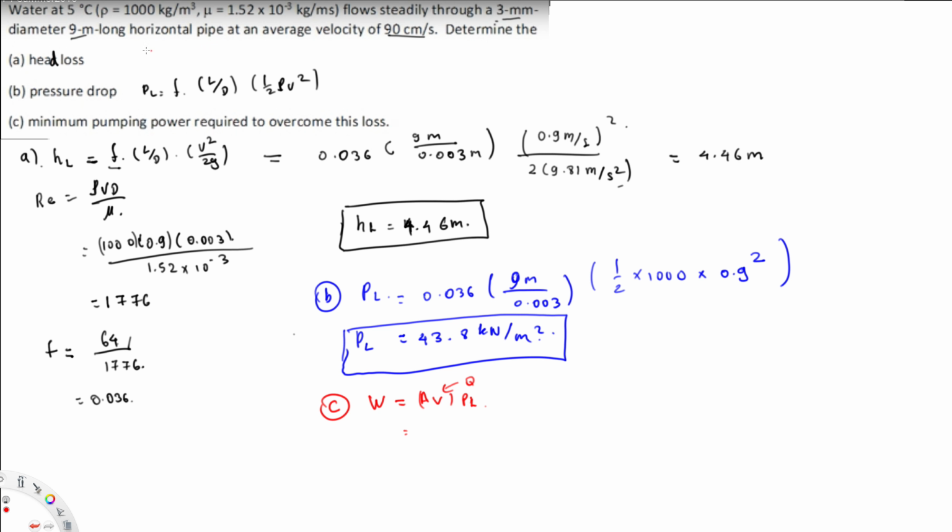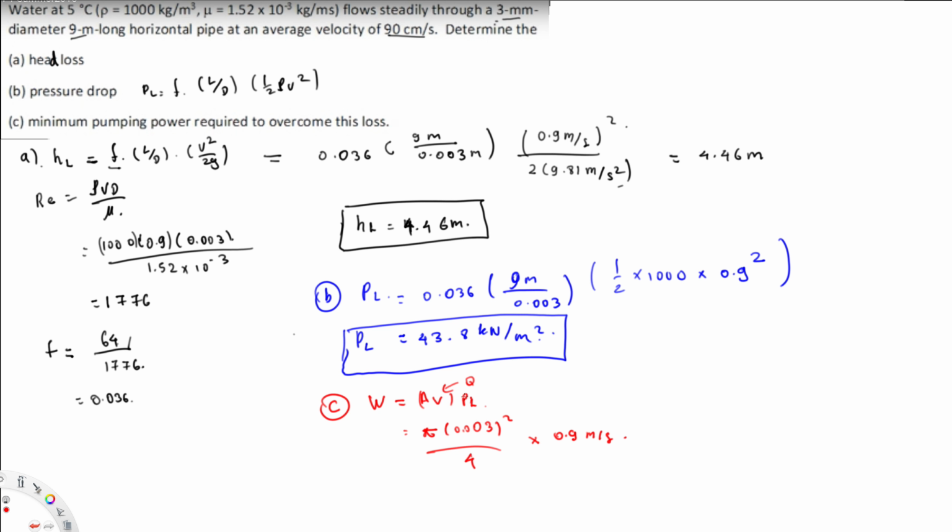We have the diameter already, so it's going to be pi d squared by 4. That's going to be pi times 0.003 squared by 4. Dividing by 4 because it's a diameter. Then times velocity, velocity is 0.9 meter per second.